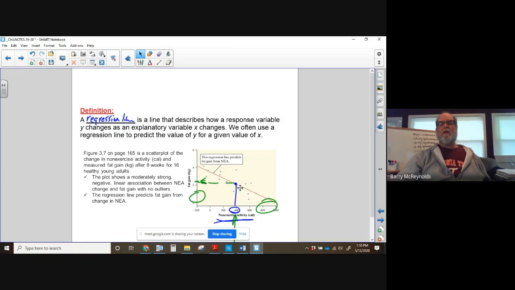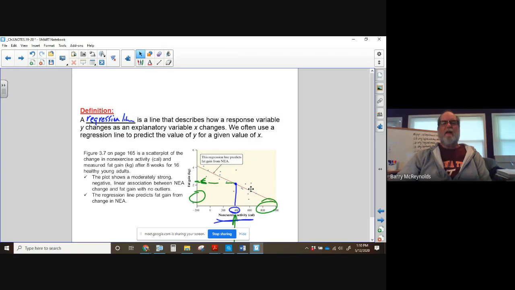But when I take all of these differences in total, this red line minimizes those differences from here to the prediction line. And we'll get into that detail a little bit here in a while.